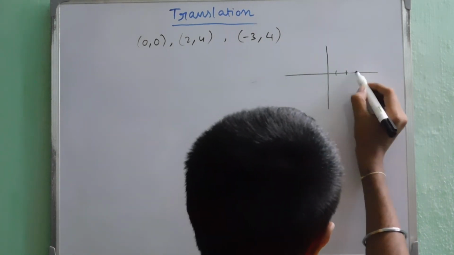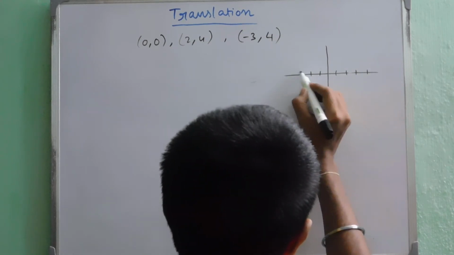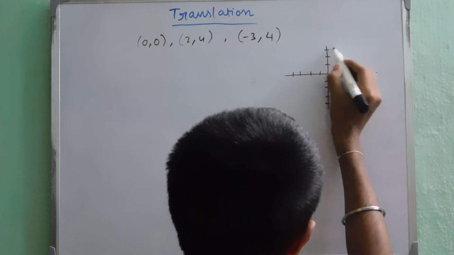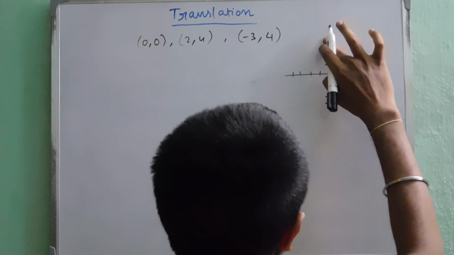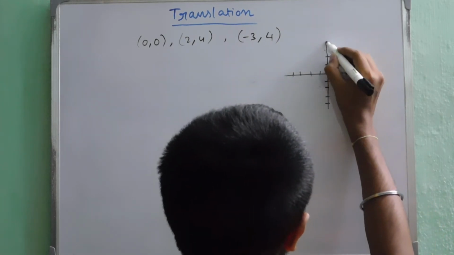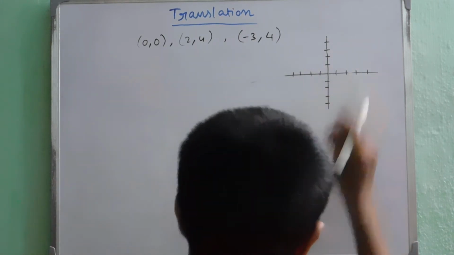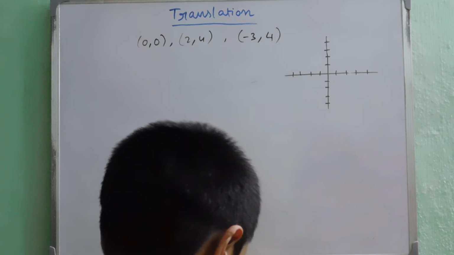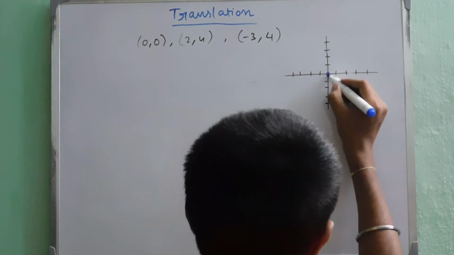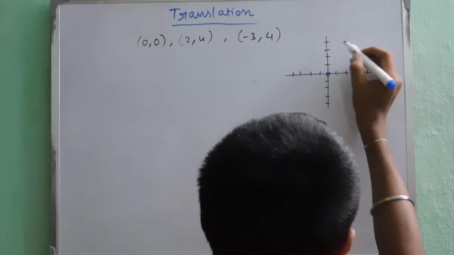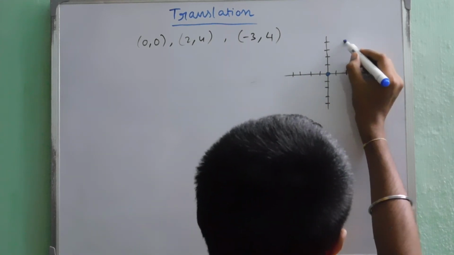So 1, 2, 3, 4, 1, 2, 3, 4, 1, 2, 3, 4, and here 1, 2, 3, 4. Now first one is 0, 0, so the first coordinate will be here. Second one is 2, 4, so it's here.